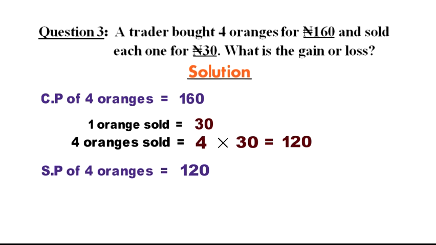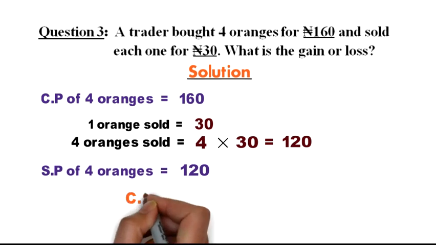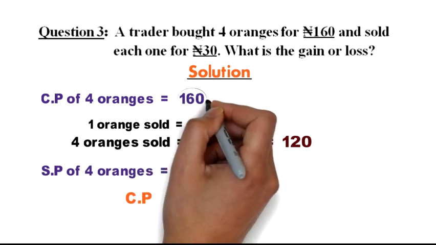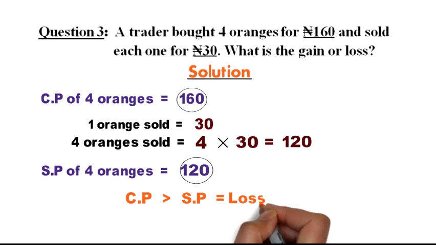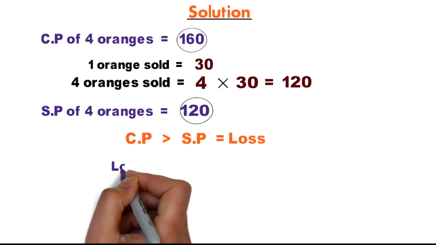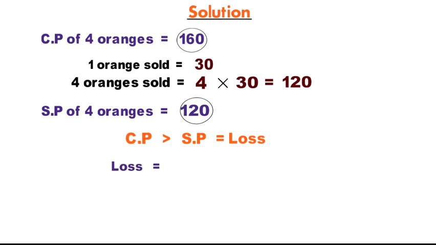From our parameters, we can see that the cost price, which is 116 naira, is less than the selling price, which is 120 naira. We need to calculate the gain. Gain is equal to selling price minus cost price.